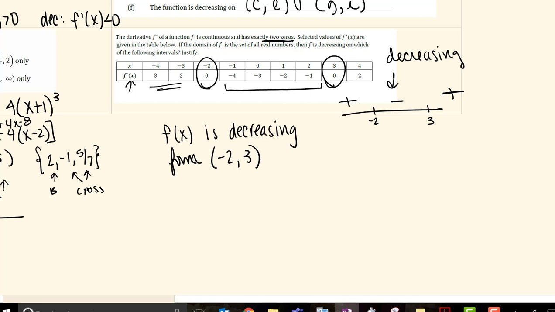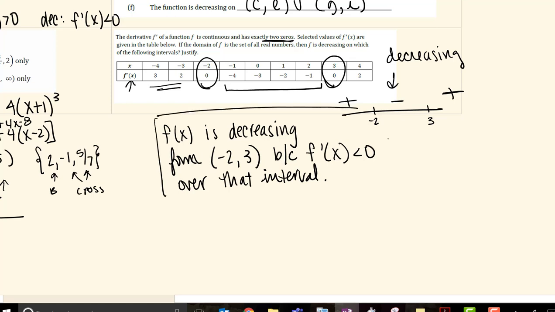Because our slope is 0 at -2 and 3, we're going to use parentheses here and not brackets. And we are going to say because f prime of x is less than 0 over that interval. And you are done.